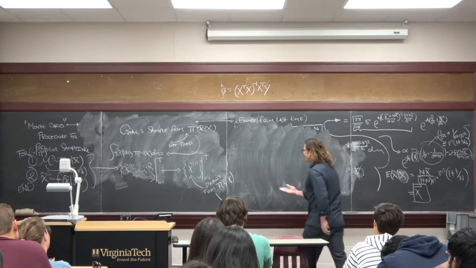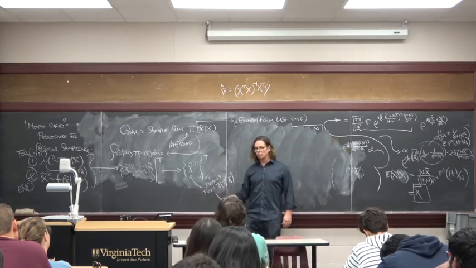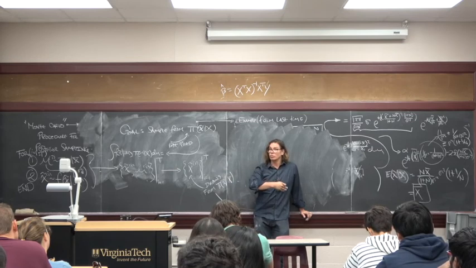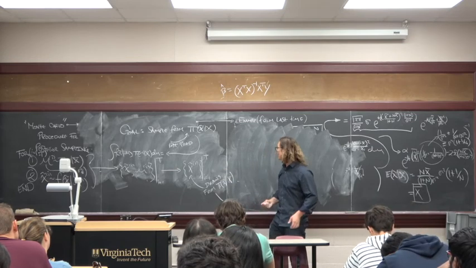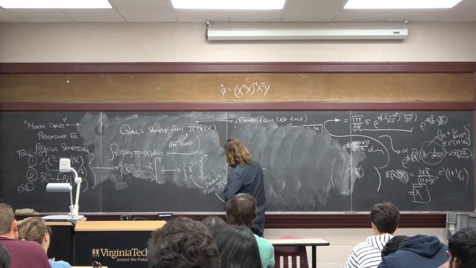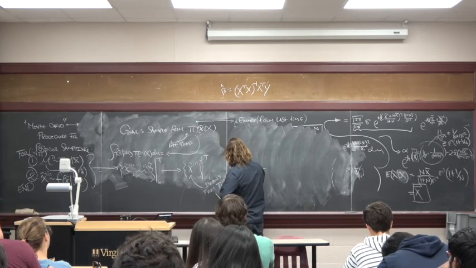But if I cranked up T very, very, very large, I would get answers that were approximately close to what I could compute analytically. So these things end up looking like some sort of a histogram.